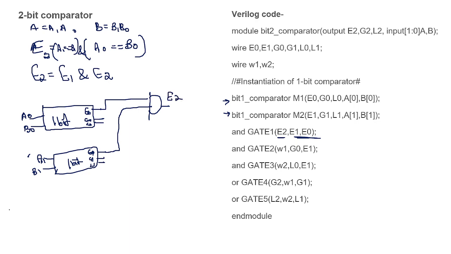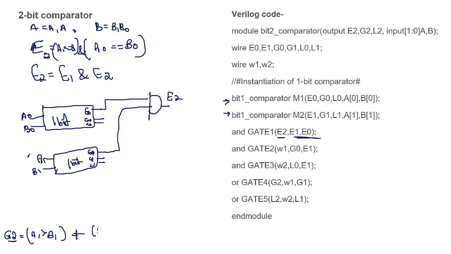Okay. Then second, if we want to check for G2. If my A1 is greater than B1, then the final result will be greater, whatever A0 or B0 is.